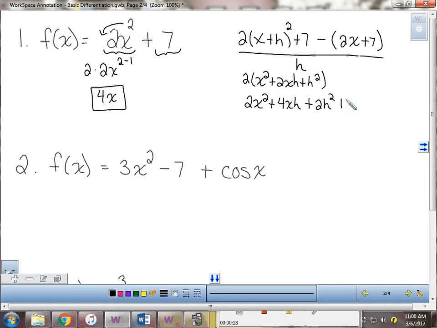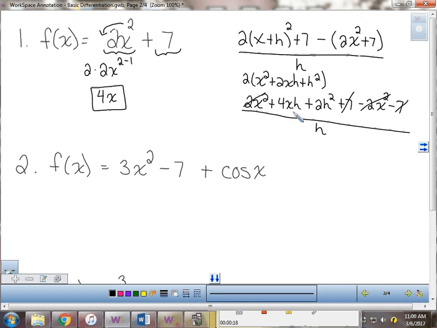Then you got your plus 7 minus 2x squared minus 7 all over h. The 7s would cancel. Oh, I forgot my squared here. Sorry, guys. The 2x squareds will cancel.